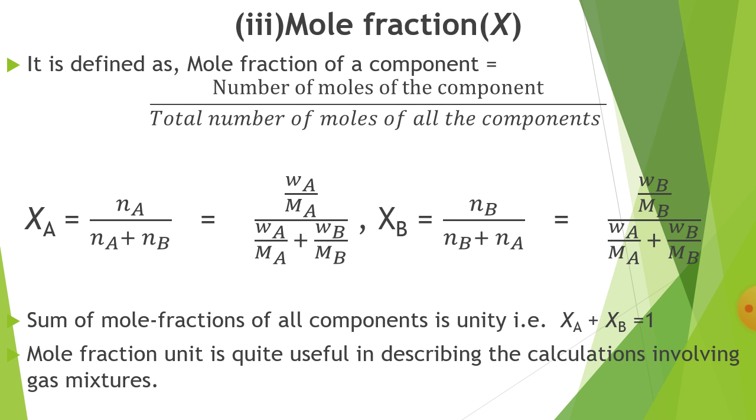Some more points we have to know. The sum of the mole fractions of all components is always unity. That is, for a binary solution, XA plus XB equal to 1. For a ternary solution, it is also equal to 1: XA plus XB plus XC equal to 1. Like that, the sum of the mole fractions of all components is always unity.